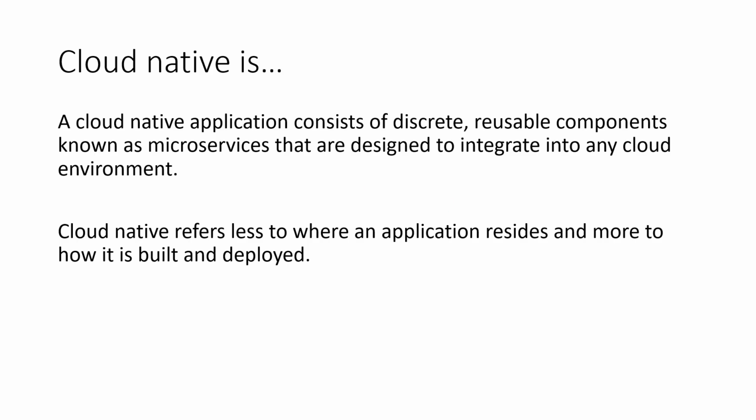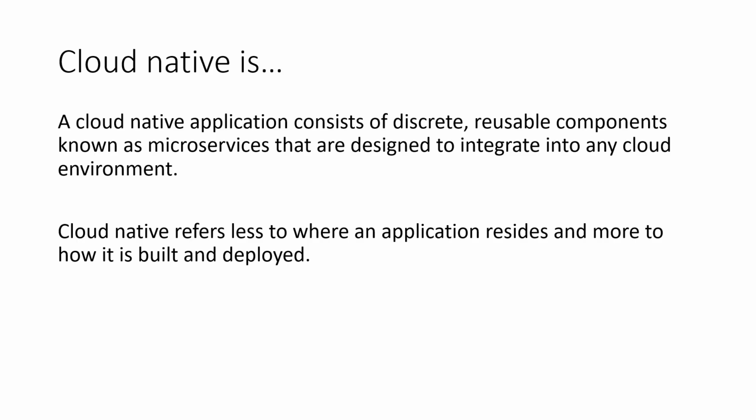Cloud native application consists of discrete reusable components known as microservices that are designed to integrate into any cloud environment. Cloud native refers to less of where an application resides and more of how it is built and deployed. So what is cloud native?